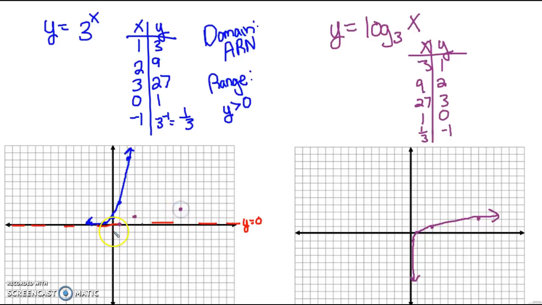For my visual people, you should be seeing that this is a reflection about the line y equals x. And I'll even put it in there for you. There we go. It's reflecting about that line. Both of those points should reflect.